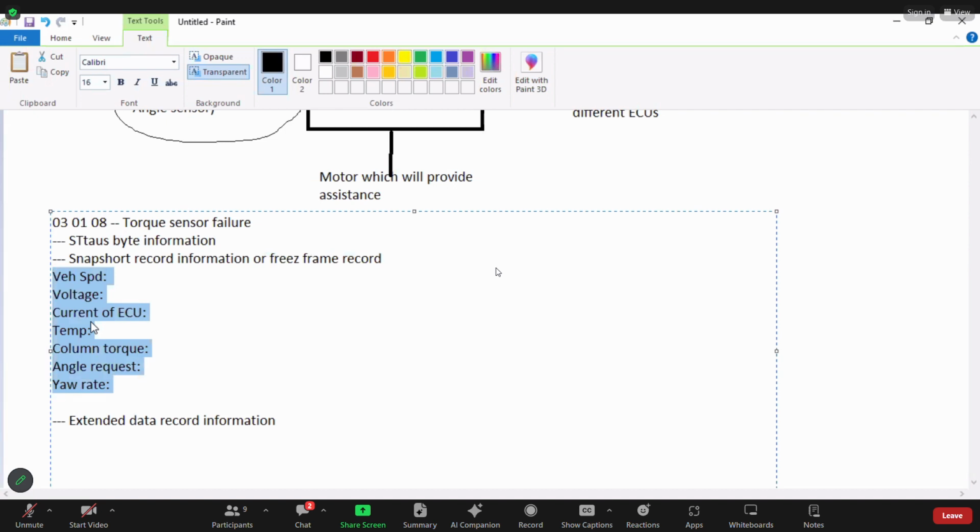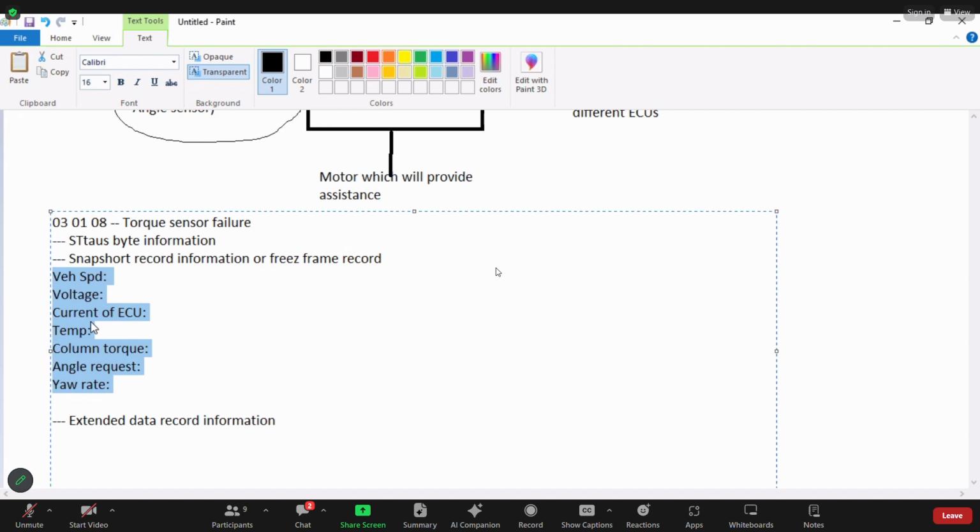Now, take a live scenario. A car manufacturer has launched a new car. When the new car is in the market, customers are complaining that whenever they go at high speed, they detect some kind of failure.